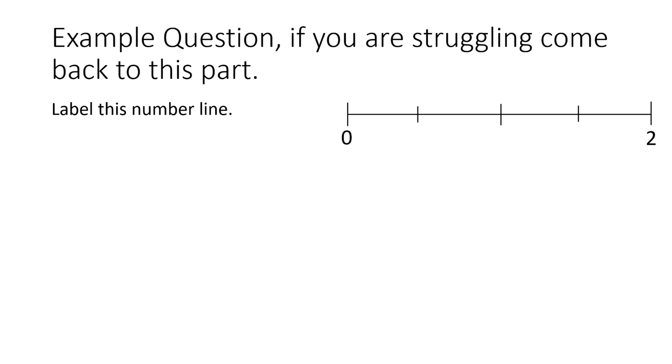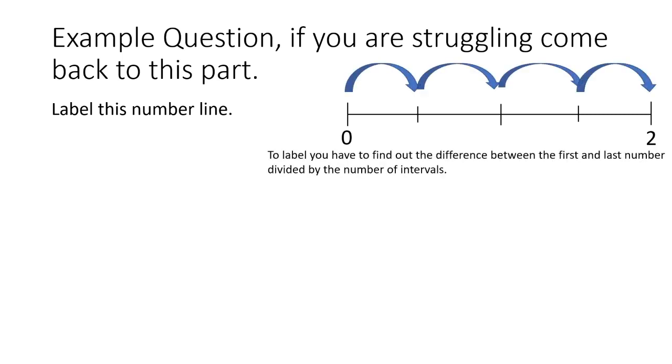So, the question wants us to label this number line. And there are 4 intervals, we know that. To label, you have to find out the difference between the first and last number divided by the number of intervals. So, the difference between 0 and 2 is 2.